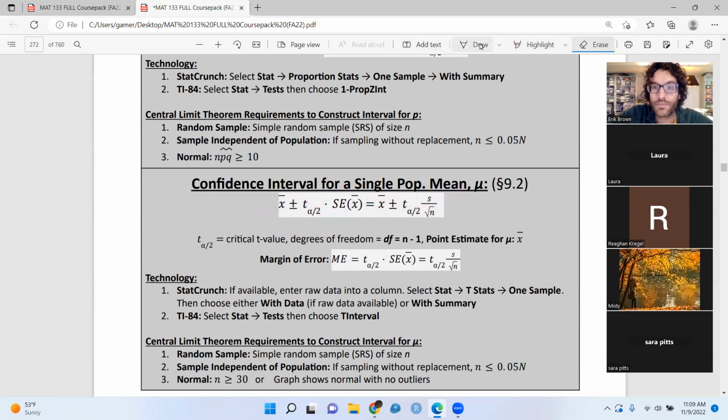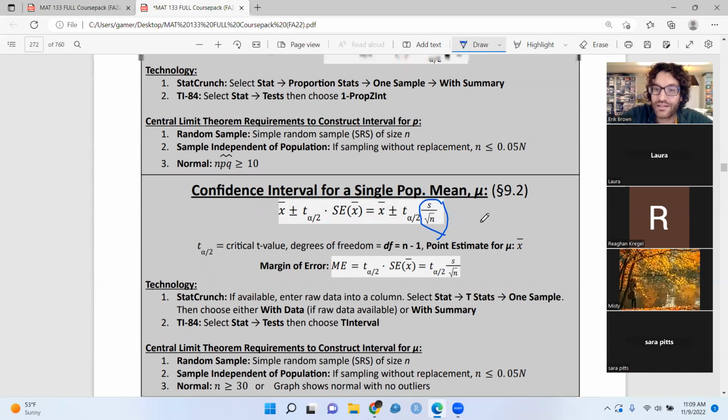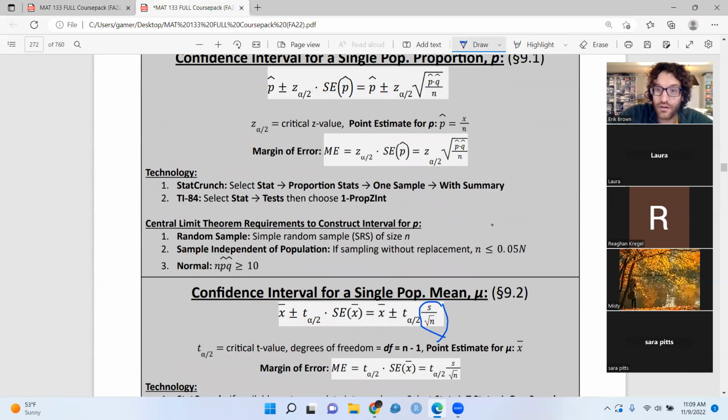Remember when we found the spread, which was the standard error of the X bar, we used this formula right here, S divided by the square root of N. So that's one piece that's different. Here's where we use the formula in chapter 8 for the spread, standard error of the P hat, square root of P hat times Q hat divided by N. So that's one piece that's different.